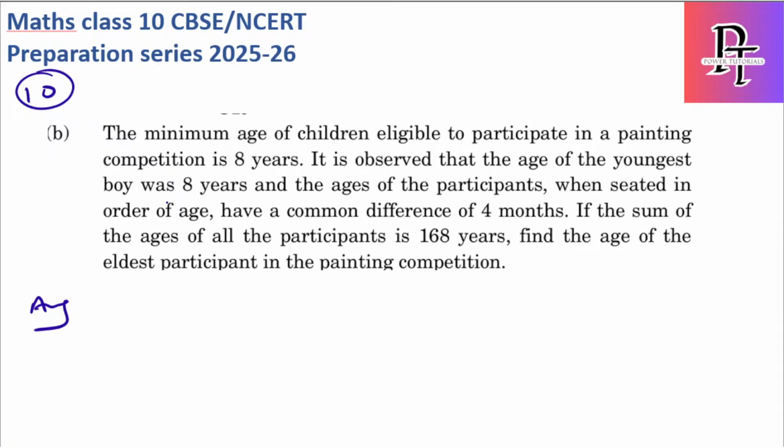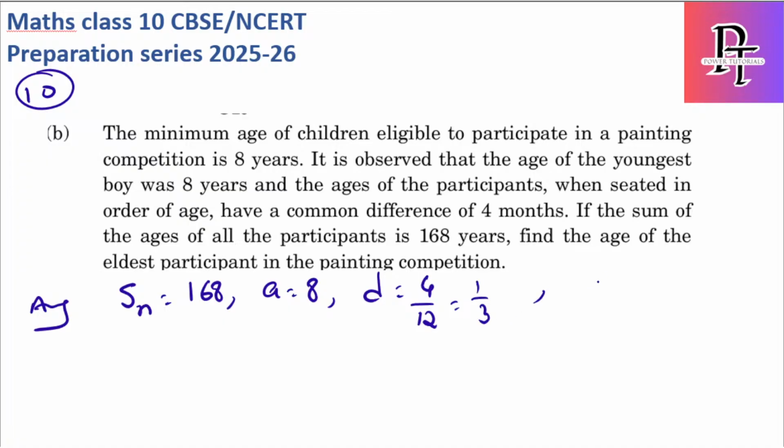Okay, so for this question they have provided you Sn value 168, a value 8. What about d value? 4 months, but it's not in years. So let's first convert 4 months into years by dividing it by 12. So d value is 4 by 12, which is 1 by 3.